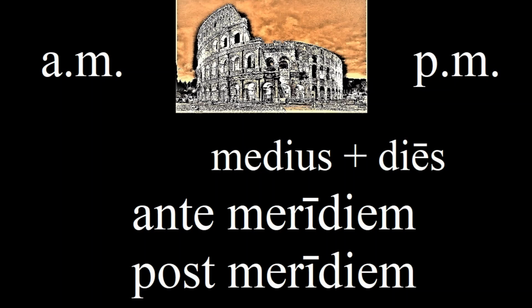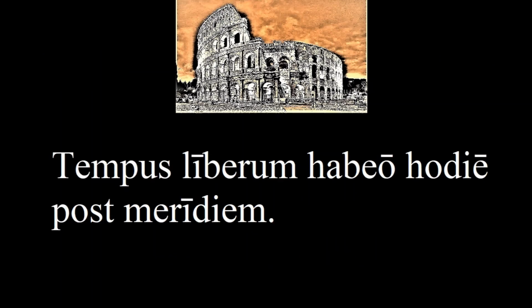And we can use post meridiem to mean afternoon in Latin. For example, tempus liberum habeo hodie post meridiem. I am free this afternoon. Notice that to say this afternoon in Latin, we say today afternoon.